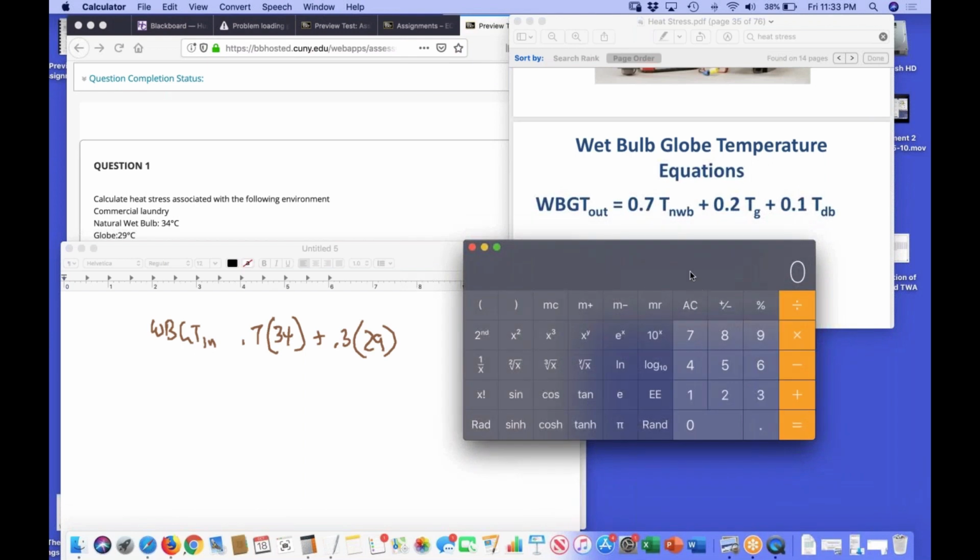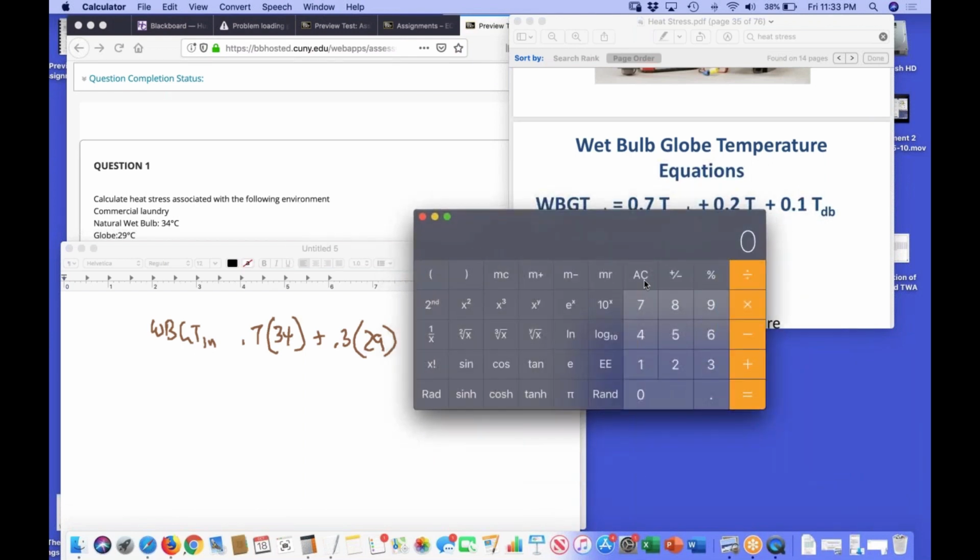Let me clear out my memory. 0.7 times 34 is 23.8. I'm going to put that into memory and clear this. And 0.3 times 29 is equal to 8.7.